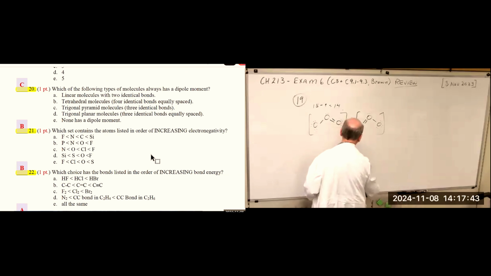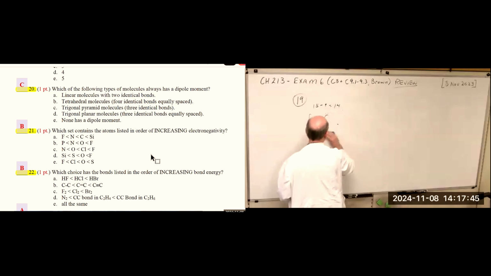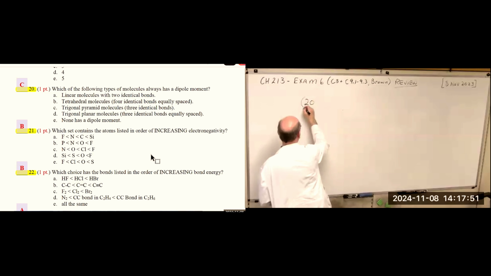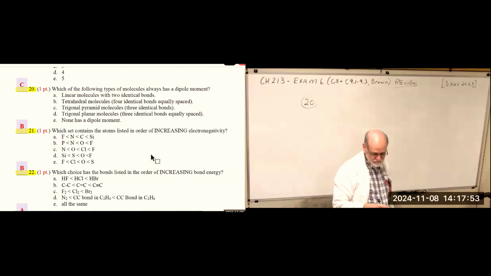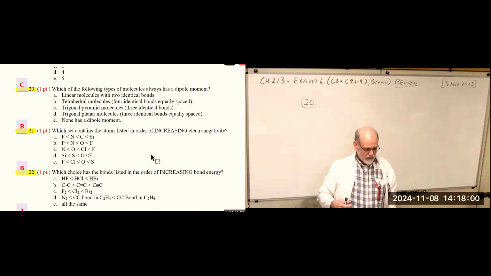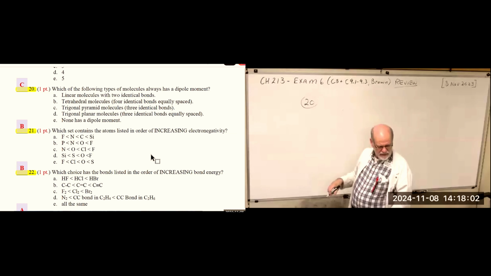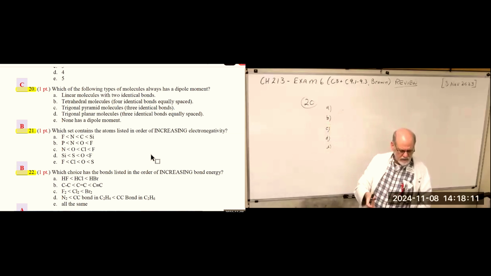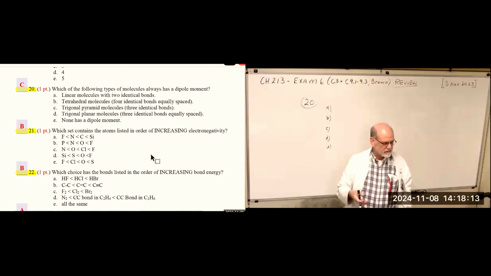All right, number 28. Which of the following types of molecules always has a dipole moment? A through E. A, linear molecules with 2 identical bonds.